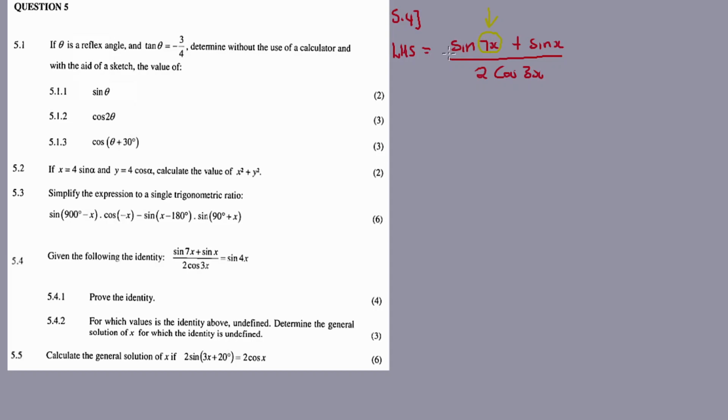Why? It's because sine 7x can't be solved as it is. And on the right hand side we have sine 4x.